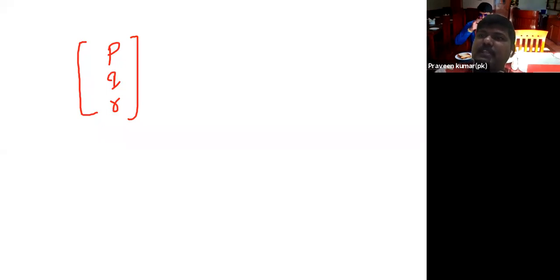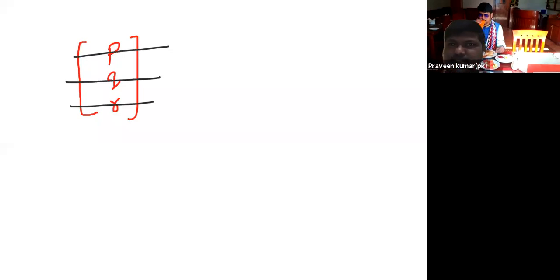How many rows are there? How to represent rows? Just draw like this. 3 rows. Let us assume, don't need to draw, just for understanding. Only one column. So the order is, very good, everyone is responding, 3 cross 1. How many elements are possible in the matrix? 3 ones are 3. 3 elements are there. Good.